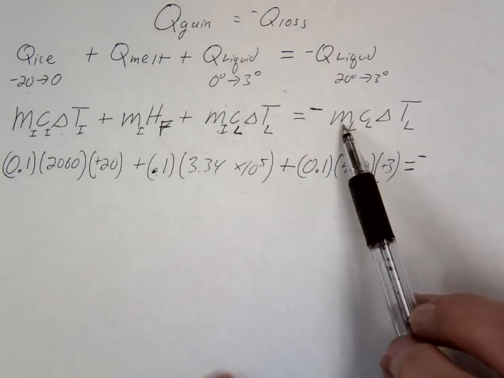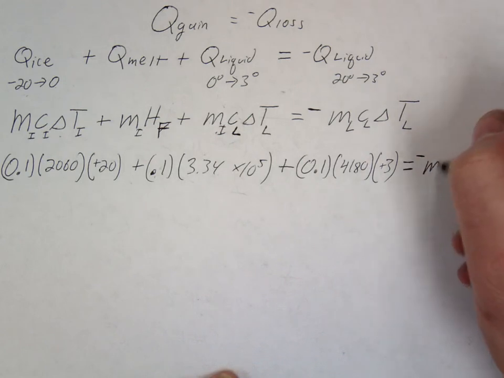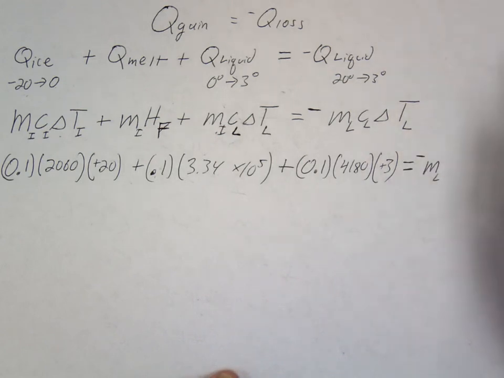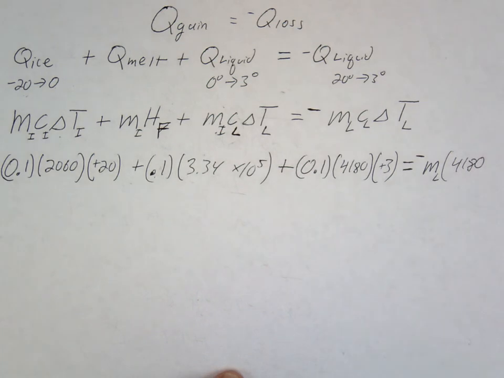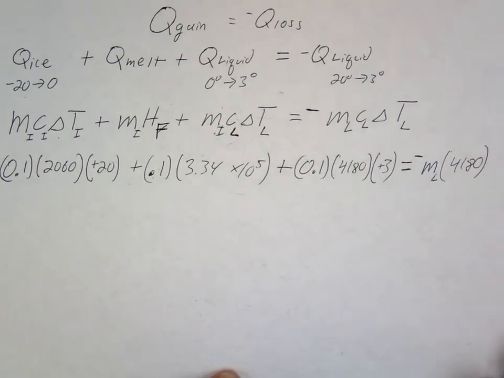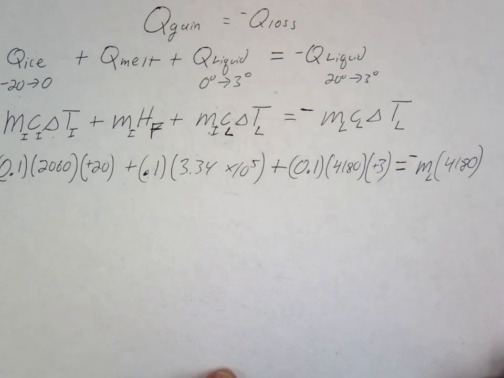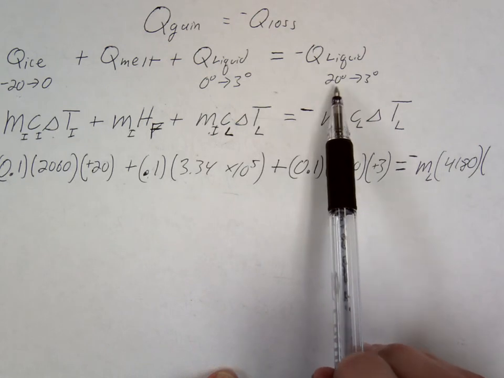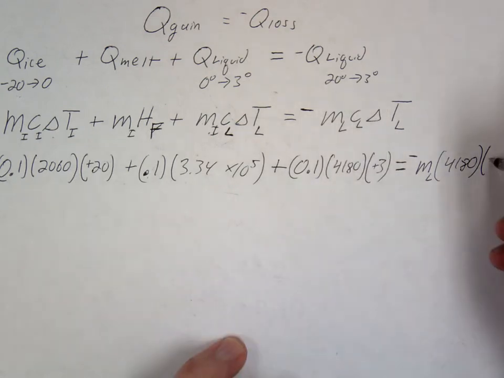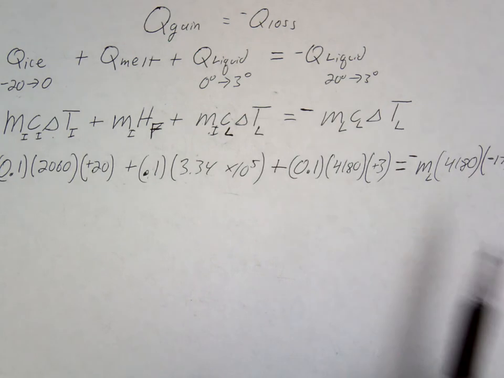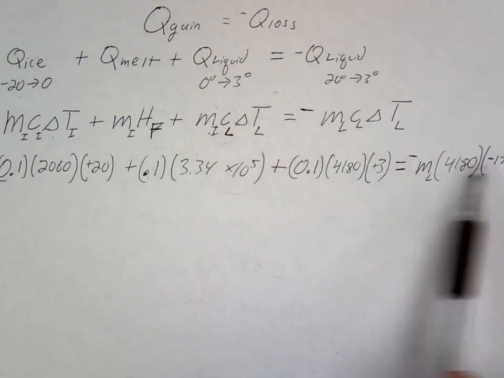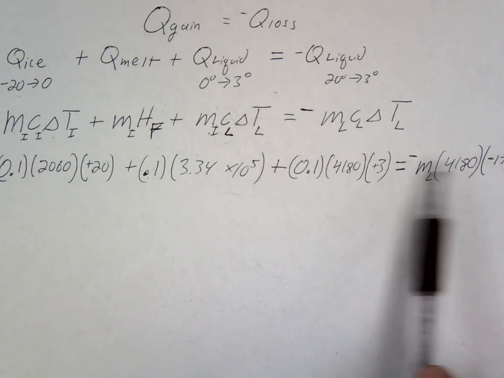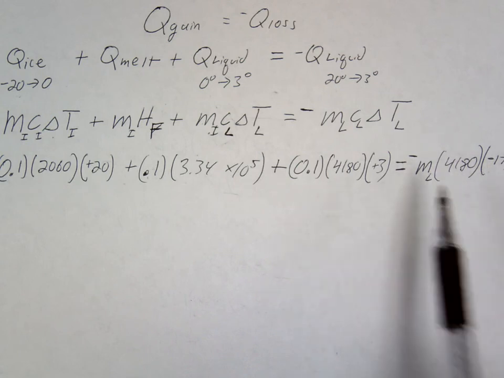Now this is the mass that we're looking for. Again, it's in liquid form, so we're going to put 4180. And what's my temperature change? Negative 17. So from 20 to 3, so that's a negative change. And again, notice you're going to take care of that negative here. So negative, negative, it ends up being positive anyways.